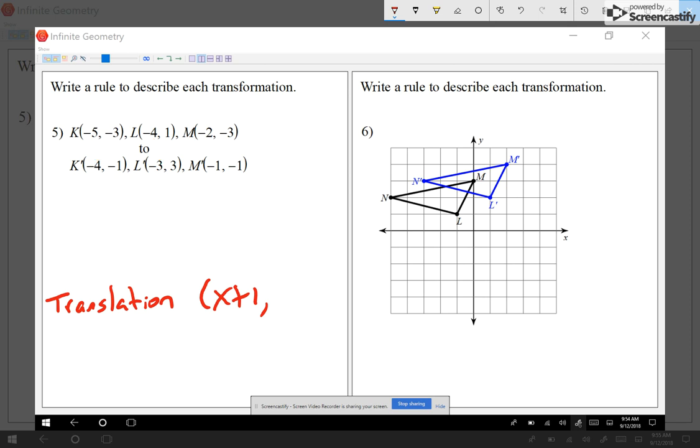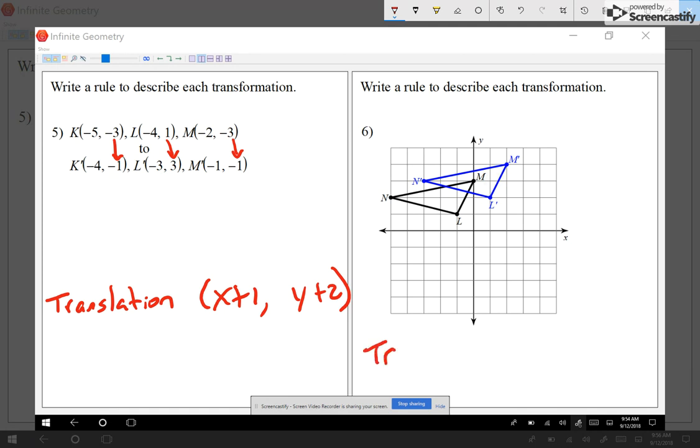Now, if we follow the y's, -3 becomes -1, 1 becomes 3, -3 becomes -1. It seems like each time we're adding 2. So I'm going to say y plus 2. We're doing the same thing to all the y's. That's basically it.